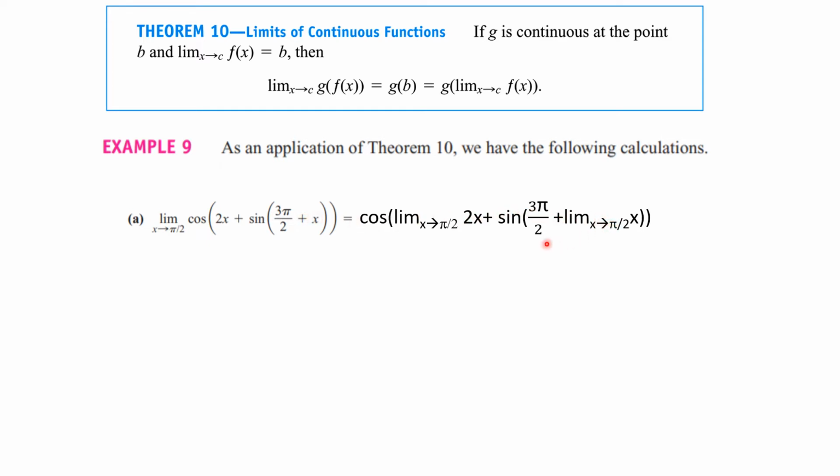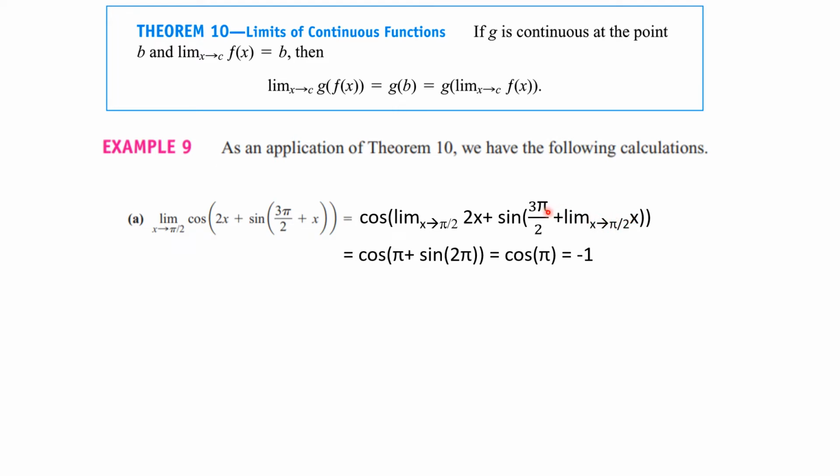Now all we have to do is manipulate them. We can see that we will have cosine, and then the limit as x approaches pi over 2 of 2x, that will give us pi. So the first limit will give us pi plus sine, and the second limit will give us pi divided by 2 plus 3 pi divided by 2.